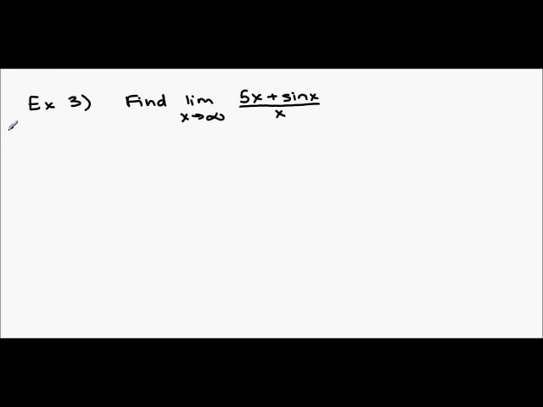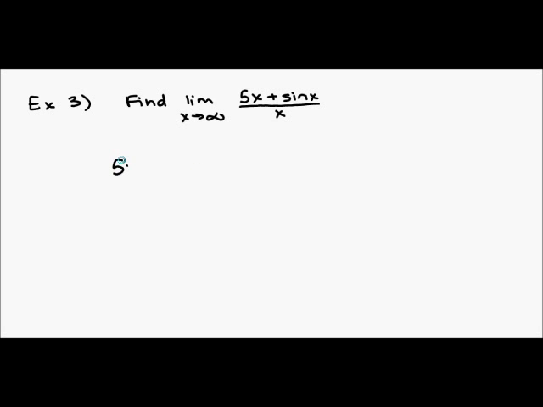Okay. Example 3. We want to find the limit as x tends to infinity of 5x plus sine x divided by x. So we're going to use our limit rules here. And remember, if you have a plus sign in the numerator or a minus sign, you can break this up into two different fractions.